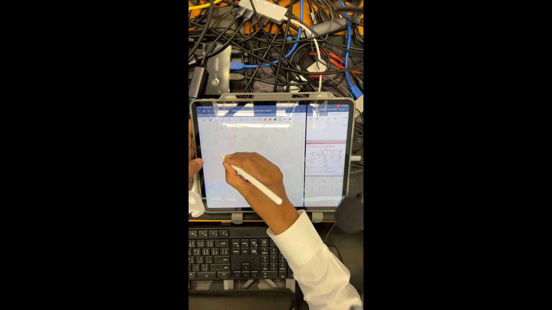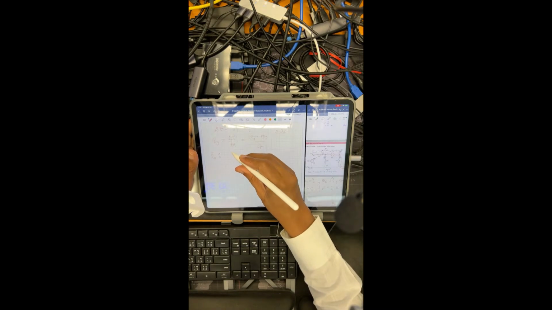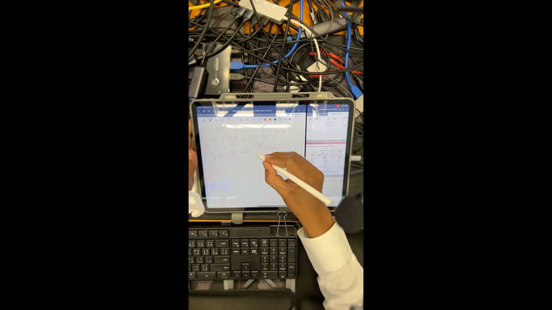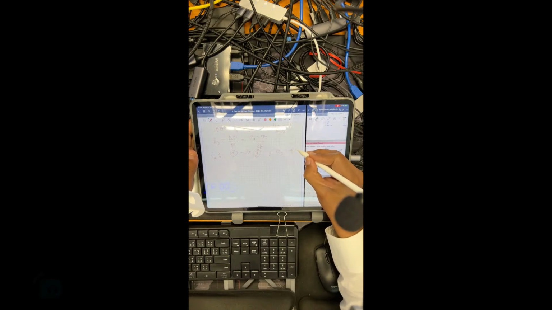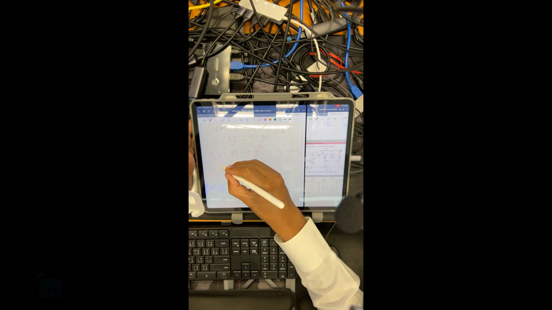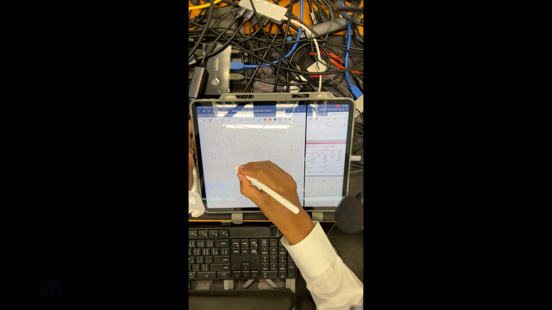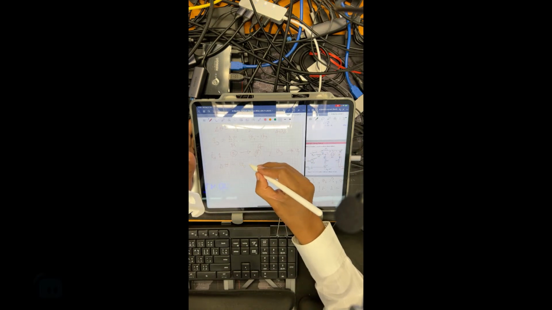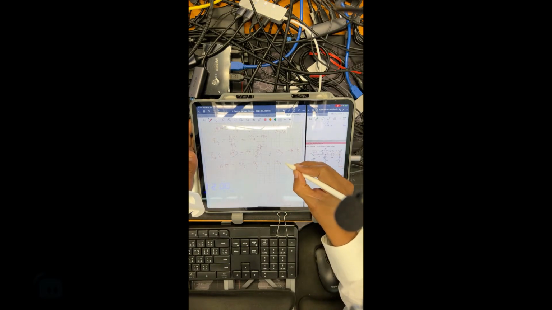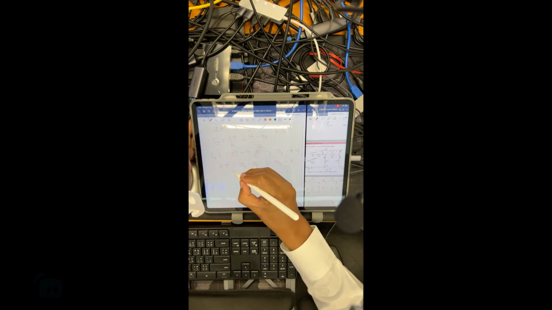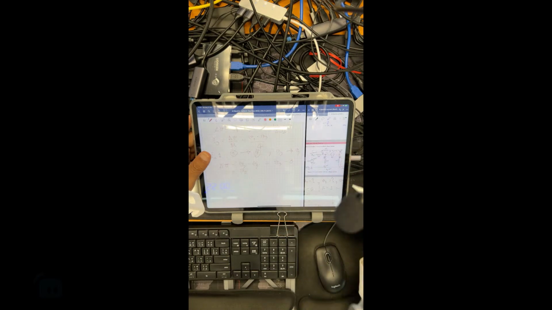Consider I4. I4 goes from node number 3 to the ground node, so the voltage is V3 minus Vg, which is V3 minus 0. It is simply V3.